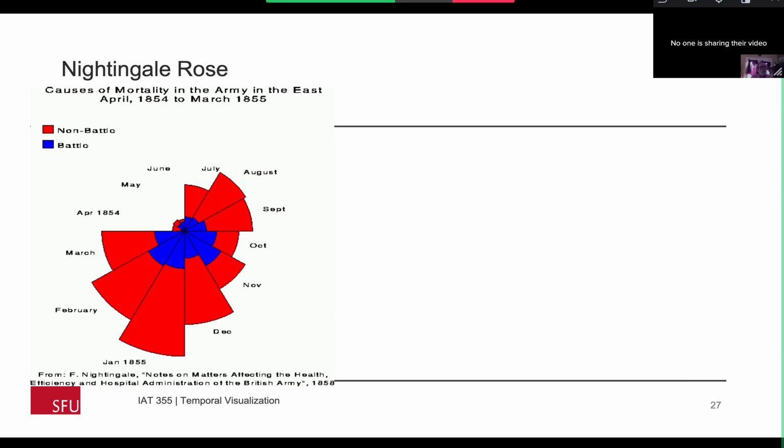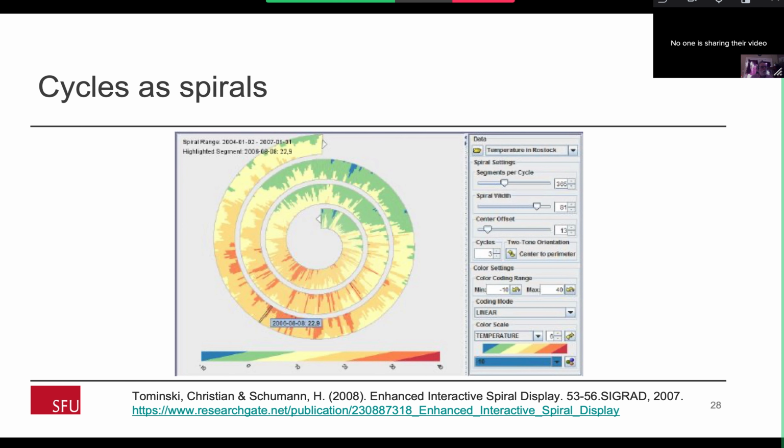The advantage with doing that is that she's essentially trying to account for a full year. Here, this is a different plot in which we're trying to plot multiple years, and therefore instead of plotting a single year, we're just laying things out on a spiral. So here, the spiral starts here and just continues to go out.